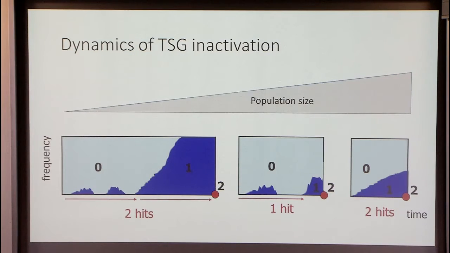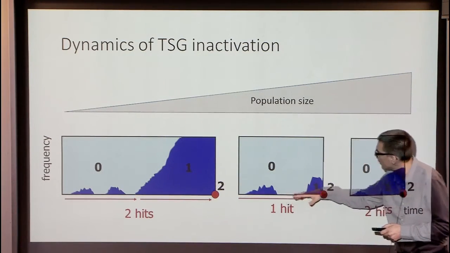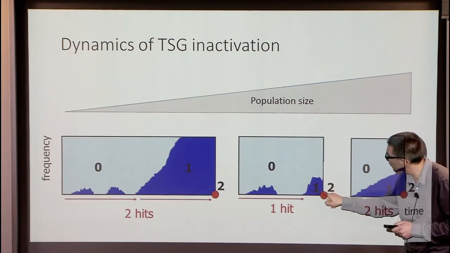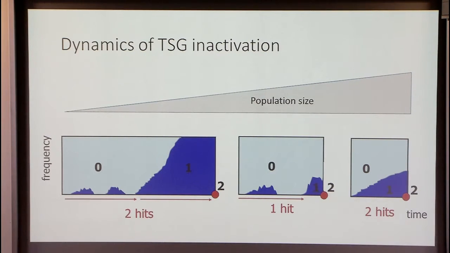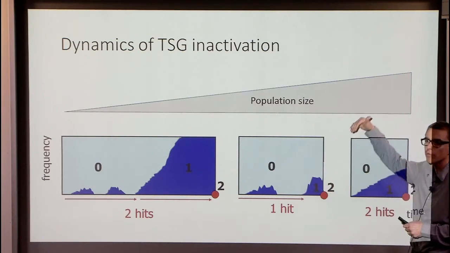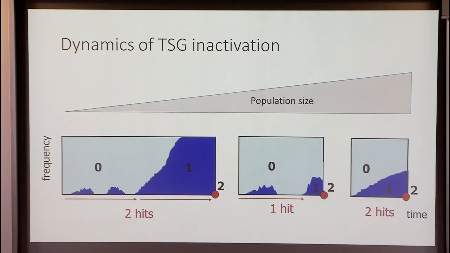For intermediate population sizes, again the first mutation comes up, but typically the second mutation occurs while the first one is still fluctuating and before it has reached fixation in the population. This is what people sometimes call stochastic tunneling. So you don't need to wait for the first one to reach fixation, because the second one typically occurs much before that.